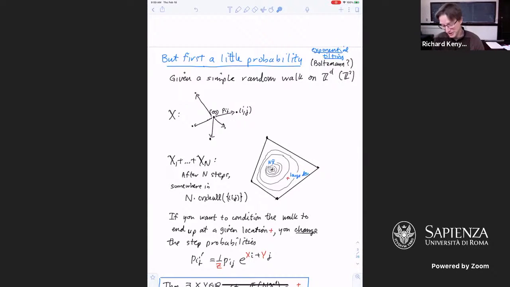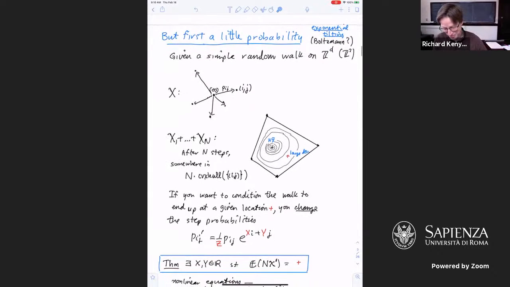I didn't know who to attribute it to, but I think it's safe to attribute it to Boltzmann, right? Anyway, never mind. And I learned recently that some people call it exponential tilting. I don't know if that means anything to you, but I hope people are not bored by this, but let me just say it anyway, because we're going to use it shortly.